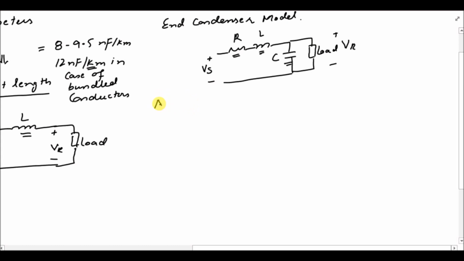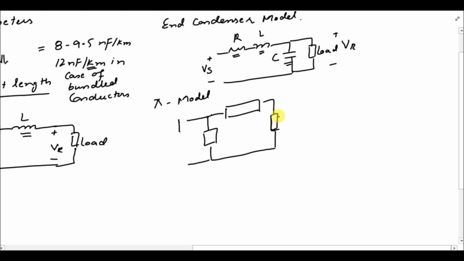In case of the pi model, we have this configuration. The voltage at the receiving end is VR. This is the sending end voltage.